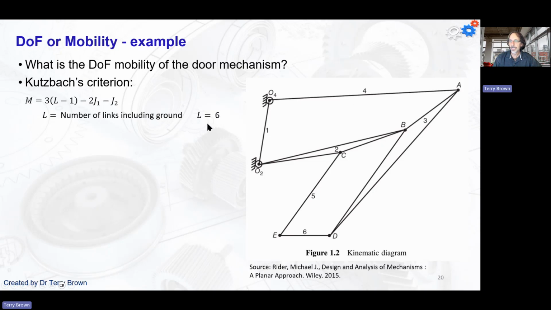All right, so we've got 6 links. How many joints do we have? How many 1 degree of freedom joints? I'll give you a second to count those up. Okay, hopefully you're back and counted the number of 1 degree of freedom joints. I got 7. You may have got something different.